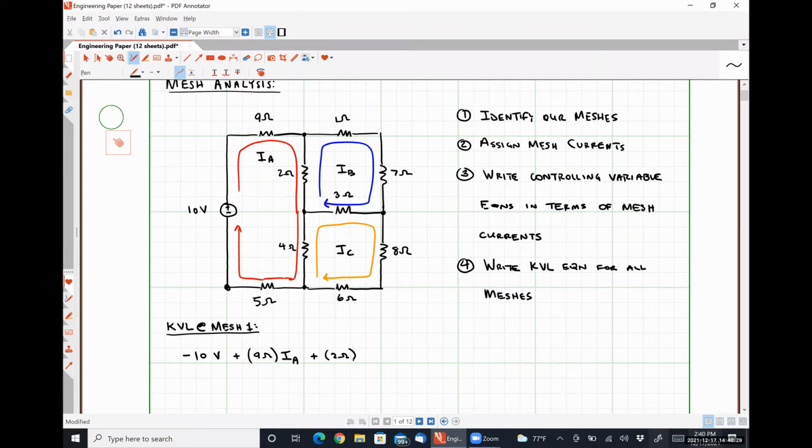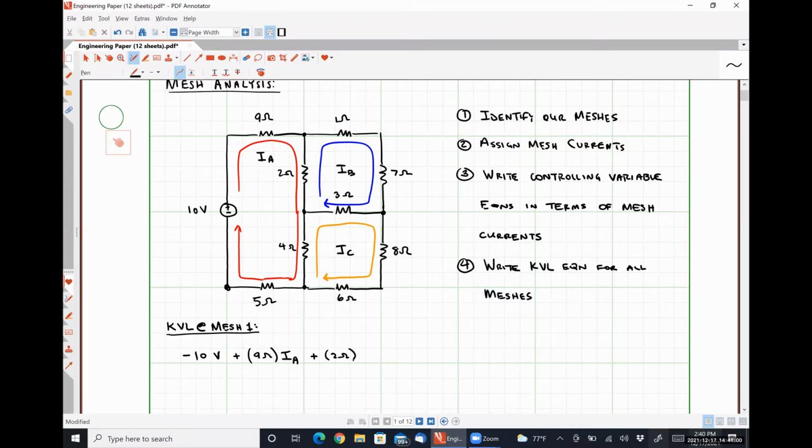Well, in the 2 ohm resistor, we have a current of IA flowing down, but we also have a current of IB flowing up as IB circulates around its clockwise path. So the total current that is flowing through the 2 ohm resistor is some combination of IA and IB. And what that combination is depends on which current we're following.